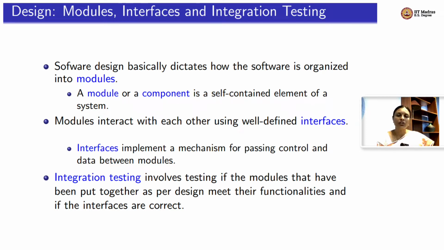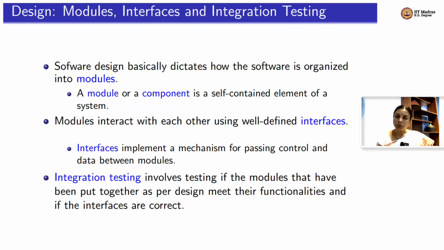Modules interact with each other using well-defined interfaces. They exchange information, call each other, pass information to each other using these interfaces. There could be several kinds of interfaces between the modules, and they implement a mechanism where control is passed from one module to the other, and the data can also be passed from one module to the other.